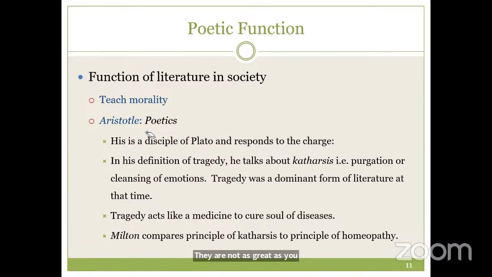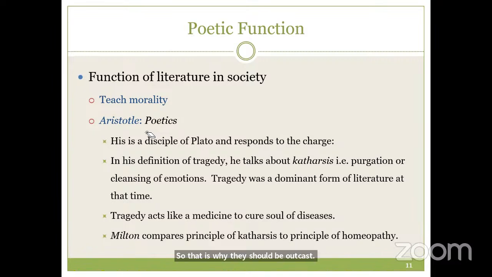In fact, they are misleaders in the society. They mislead people. They foment the passions of the readers or the viewers, and they say things which are far removed from what actual reality is. So that is why they should be outcast. They should be banished.